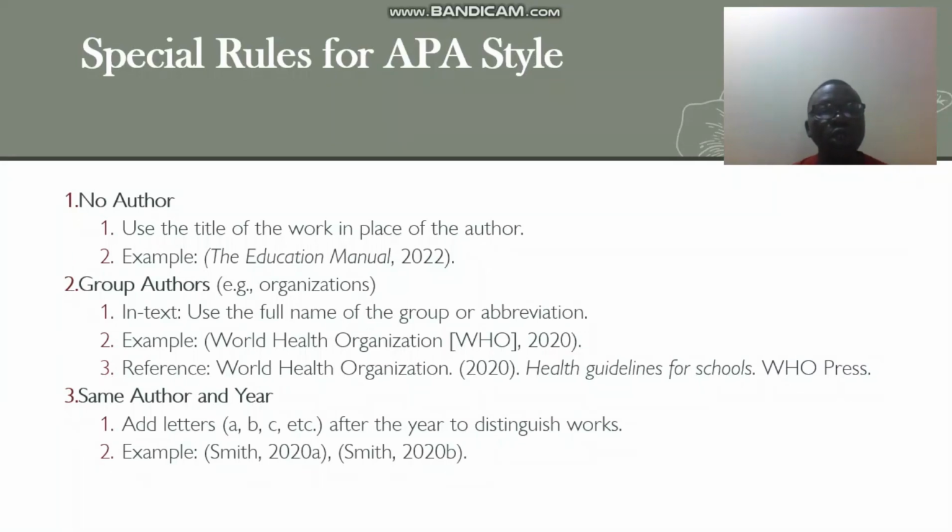You use the title of the work in place of the author. Instead of mentioning the name of the author, since there is no author, you pick the title, comma, the year that particular work was produced.